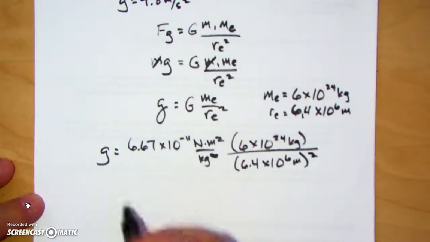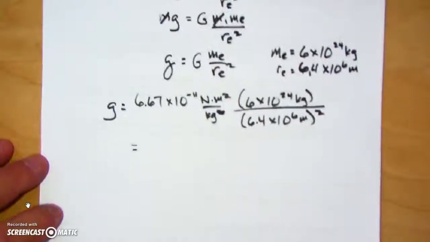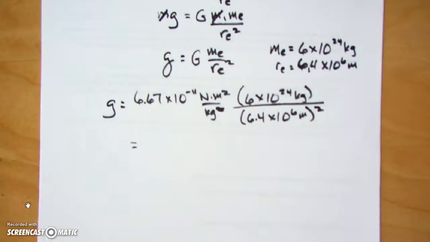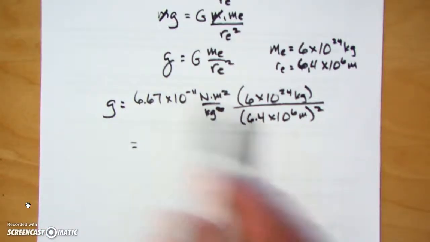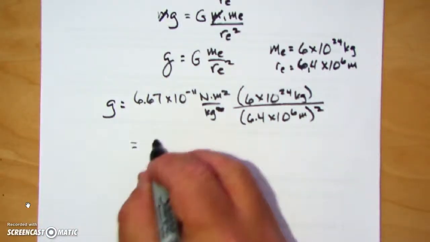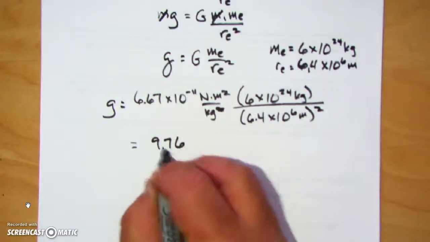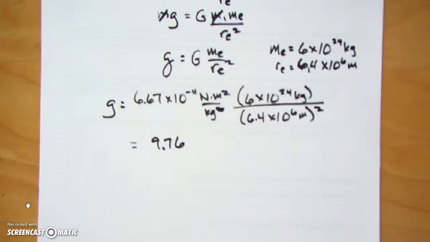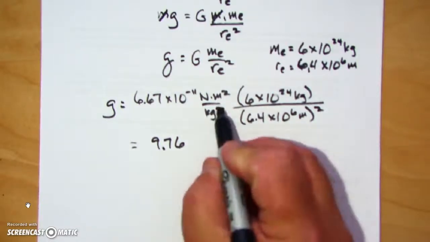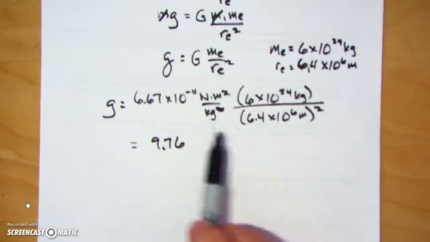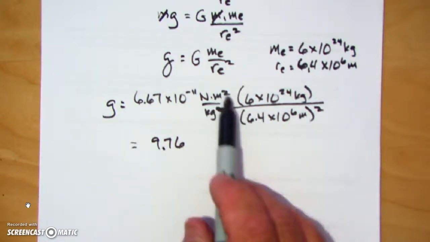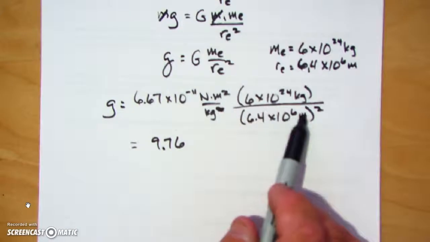Now, you need to try this on your calculator because you need to make sure that you can get this number out of your calculator. When you do all the mathematical numbers, it works out to 9.76. Extremely close. Now, let's take a look at the units and watch what happens to them. The meters disappear up here, so the meters are gone.